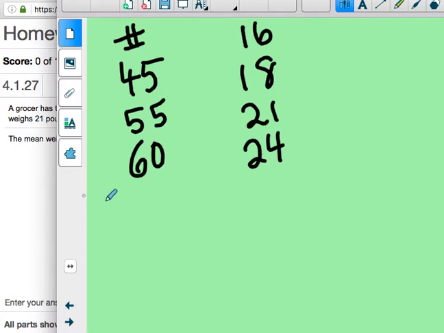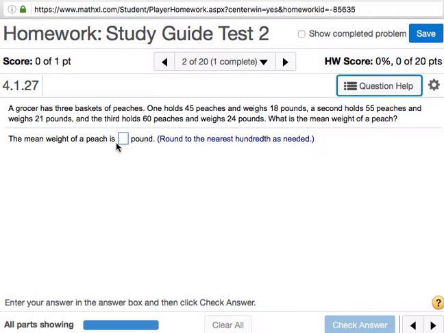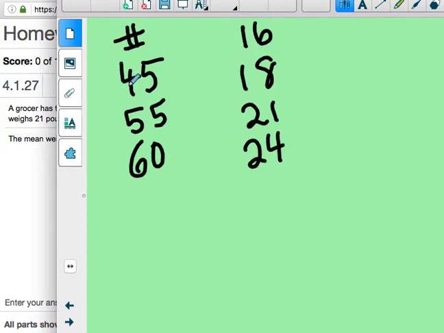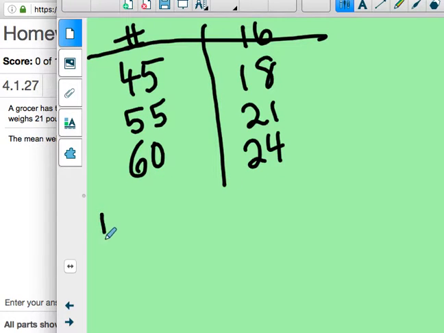So to solve this problem, it wants to know, what is the average weight? What is the mean weight of a peach, in pounds? So if you know that this is the number of peaches and that's the number of pounds, you could get a total here and divide to find the average.